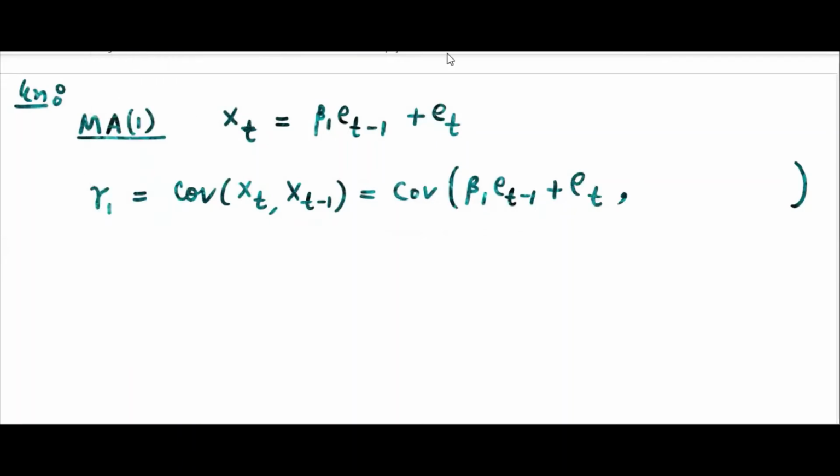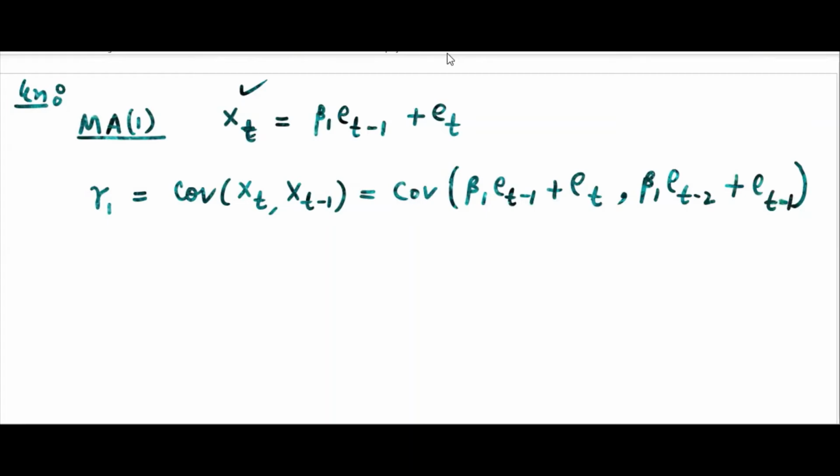We can find it in a similar way. What we need to do here is to express xt minus 1 as well in terms of the random shock at each point. So just replace t by t minus 1 in this. If you replace t by t minus 1, you will get xt minus 1 as beta 1 et minus 2 plus et minus 1.